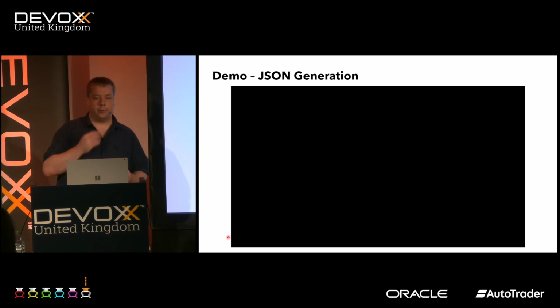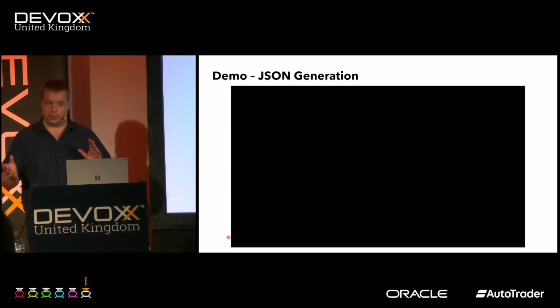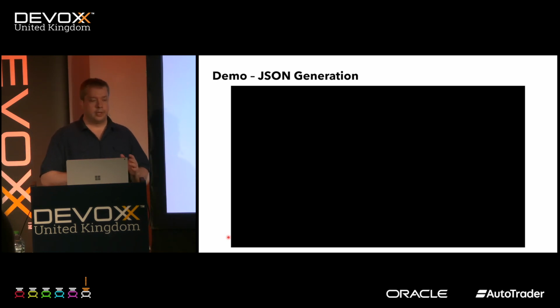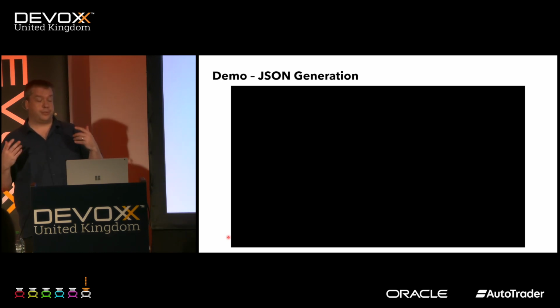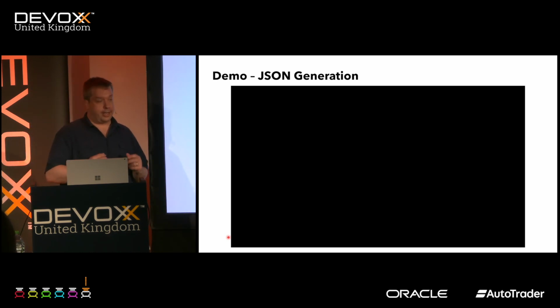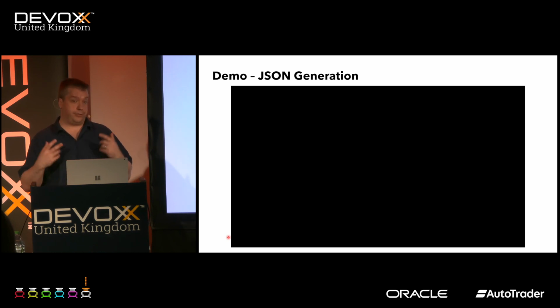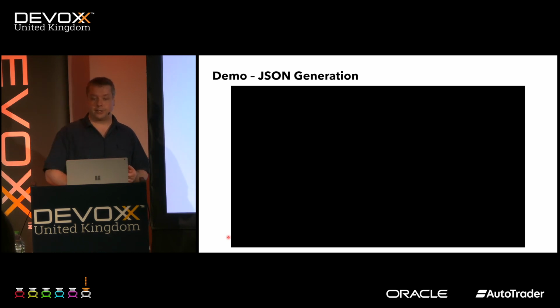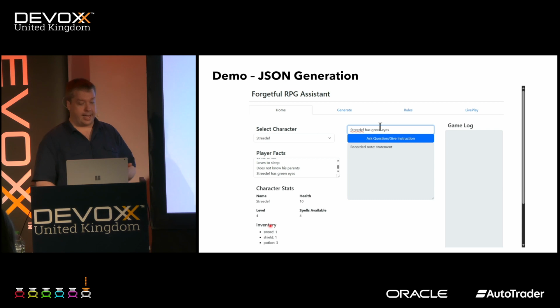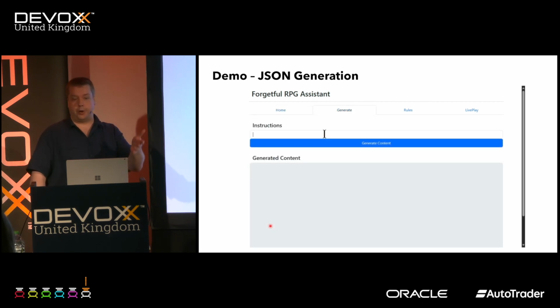If you want back slightly more structured data, so far we've been returning quite free-form text. But if you can define a JSON schema of something you want back, so in our case, we want to get a character back, we can define a JSON schema for what a character looks like. We can tell the AI what the schema looks like and to obey it when responding.